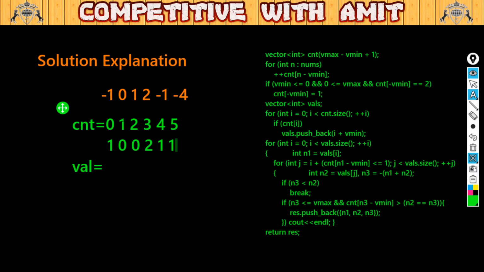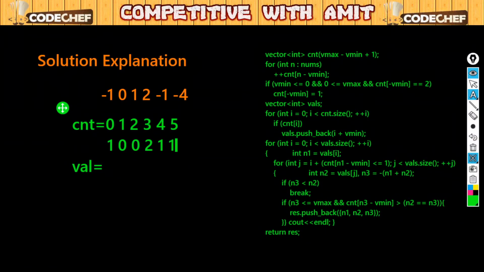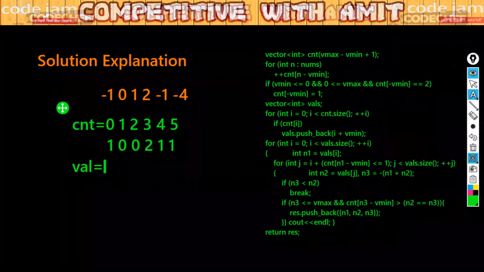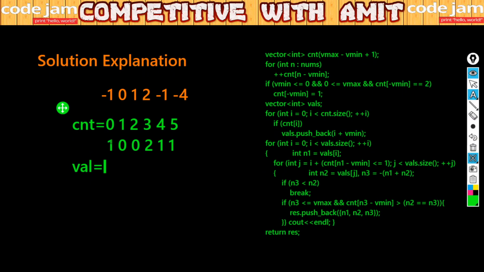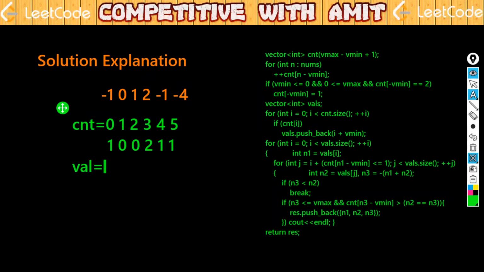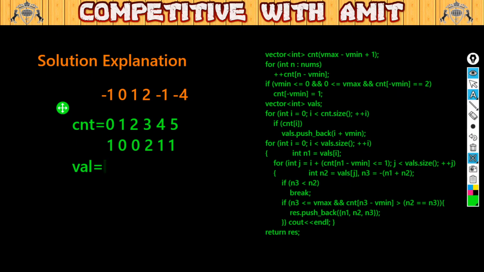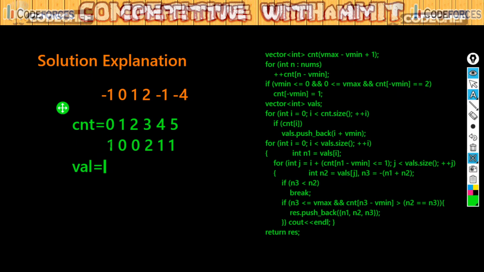So we all know that 0 represents -4, then -3, -2, -1, 0 and 1. So these represent it like this. These are the indexes and these values are the counts of these. Now we'll find the values with respect to this count.